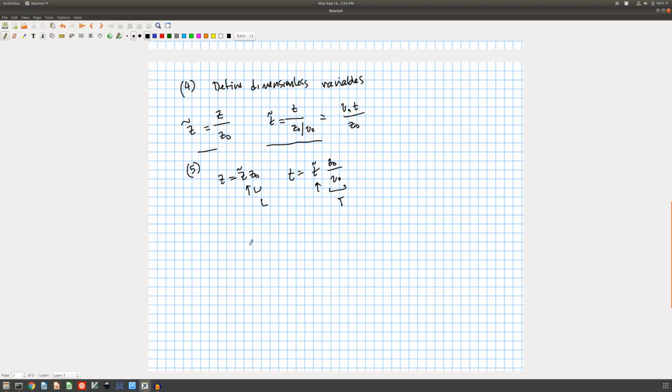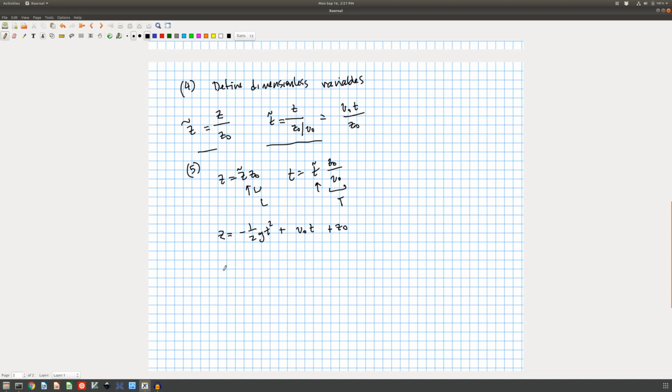Now I take my original equation and substitute back in. Let's write down the original equation: minus 1/2 g t squared plus v0 t plus z0. Now I'm going to substitute these expressions back in.